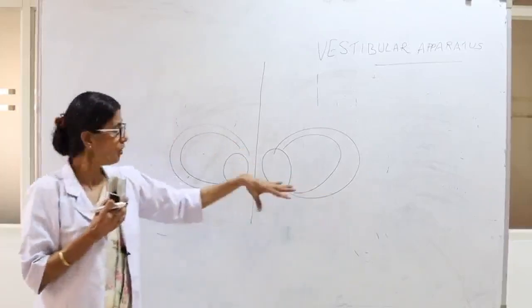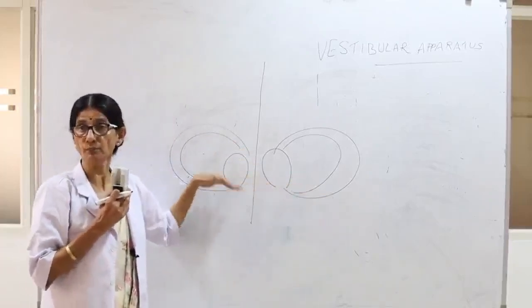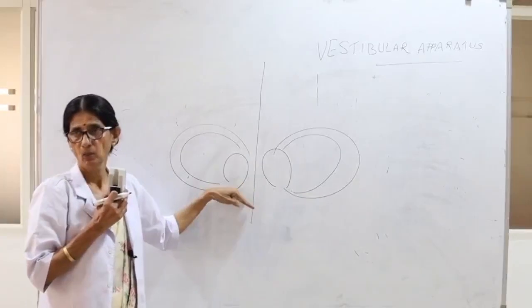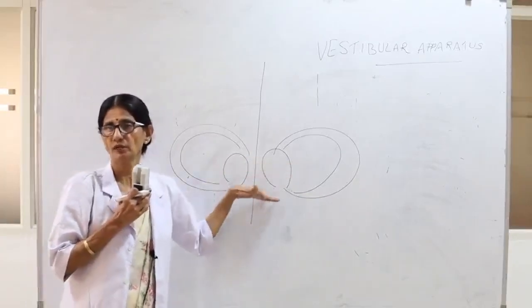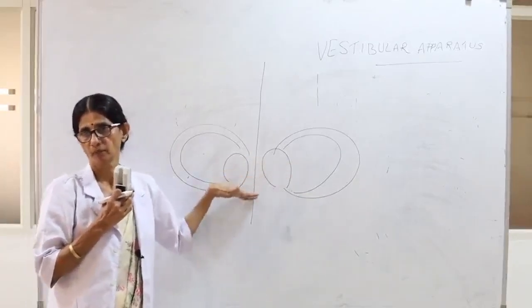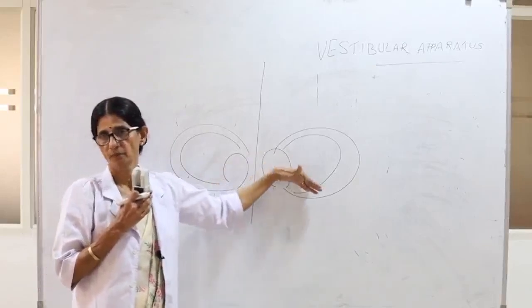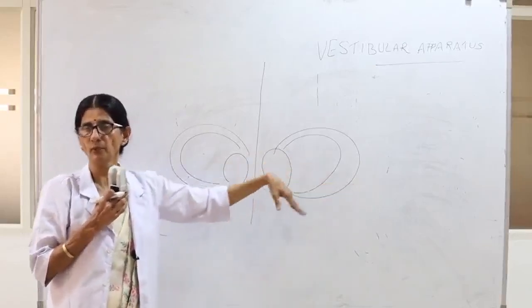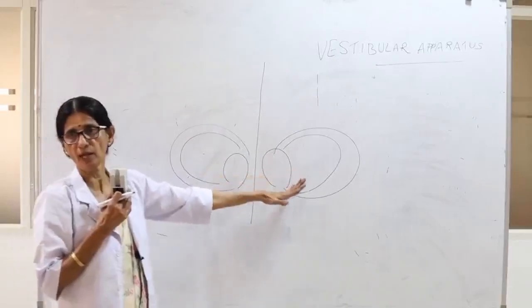It is a thickening of the epithelium of the membranous labyrinth which gives rise to the sensory organ. That is what is called a crista, together named cristae ampullaris because it is located within the ampulla.